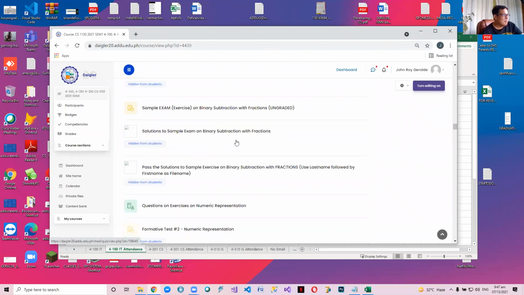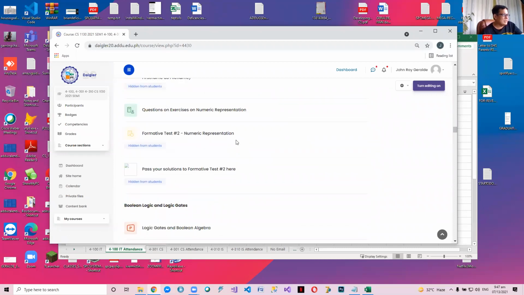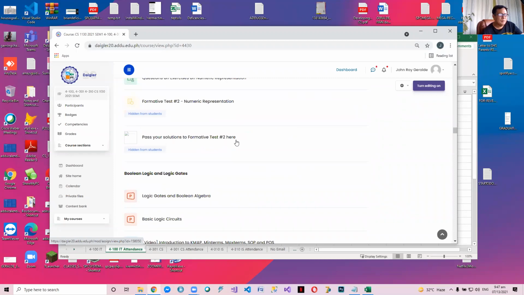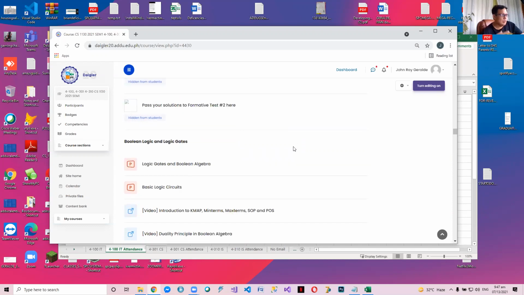For example, for binary numbers and boolean logic, the computer science majors will take up digital design. I'm not sure with the IT, but the CS students will take digital design. This will be your introductory topic to that whole semester course.